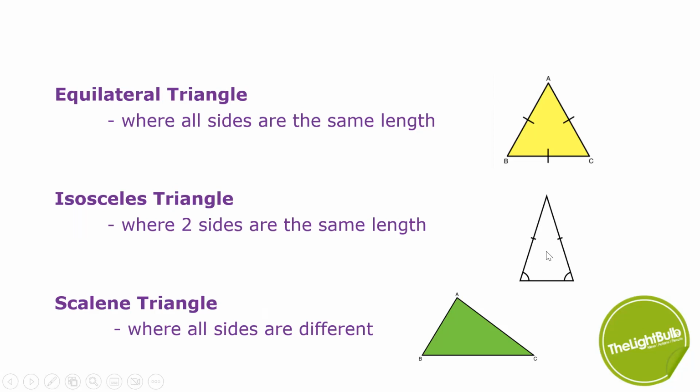They essentially mean that they're the same length and the same angle. And then finally, we have the scalene triangle, where all the sides are different and all the angles are different too. So these three types of triangle: equilateral is all the same, isosceles mostly the same, and scalene completely different.